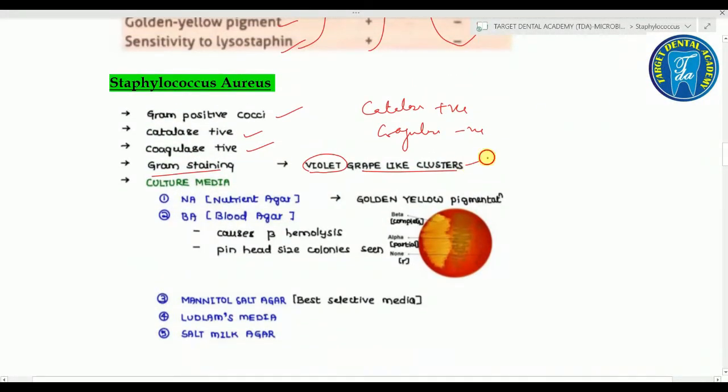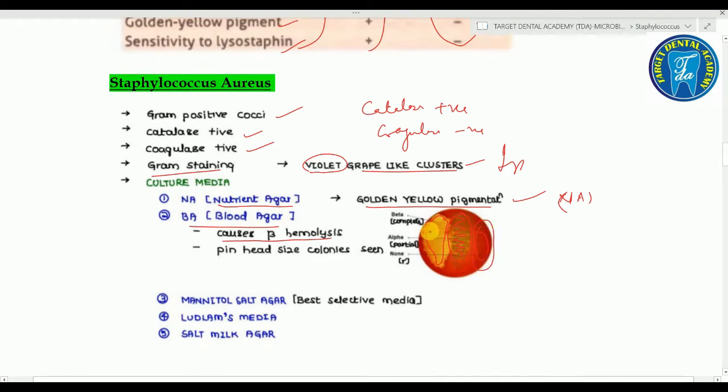Coming on to the culture media. In the nutrient agar, it gives golden yellow pigmentation, while in the blood agar it causes beta hemolysis. This portion is the beta hemolysis, which is complete. This portion is the alpha or partial hemolysis, and at this point you have seen nothing.